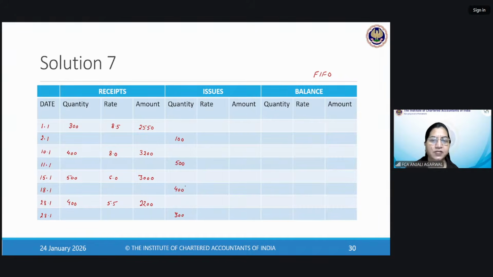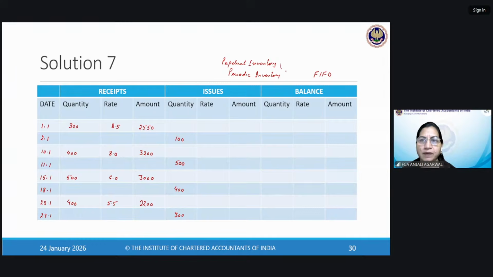So whether the question is of perpetual inventory or periodic, this much information you can fill beforehand. Whatever is given in the question, please put it in the solution as it is till here. Now we start with the question.